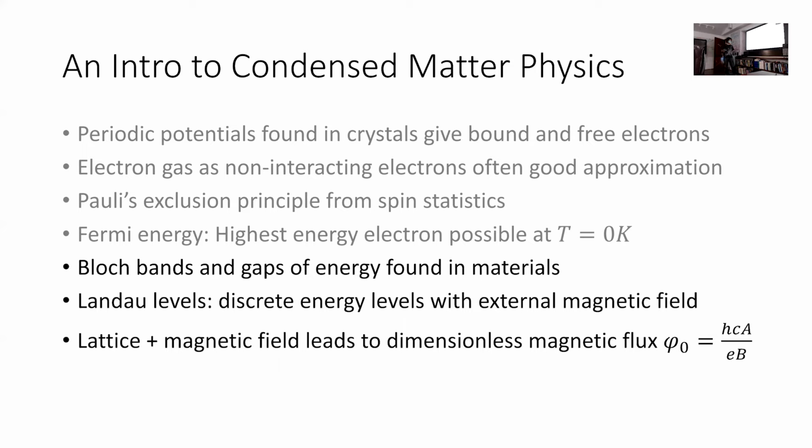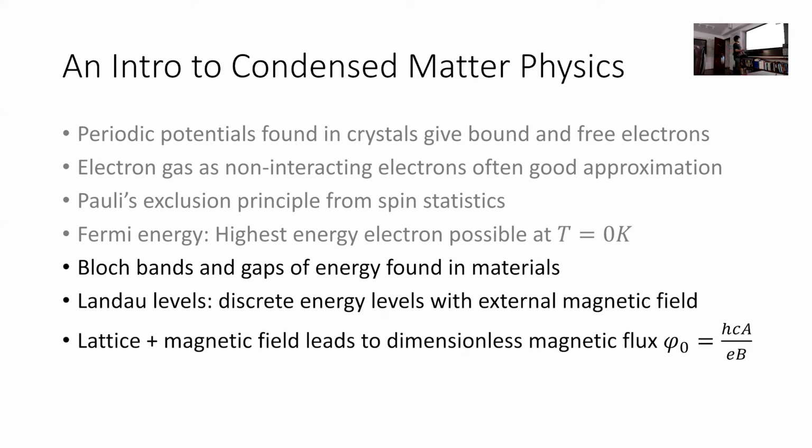So if you combine a lattice with an external magnetic field, you're going to get this duality of continuous bands and discrete energy levels. You can then get an interesting dimensionless quantity because you can have some lattice size, which is going to have some area A. Let's say you have some 2D lattice, and you can imagine how much magnetic flux goes through that area.